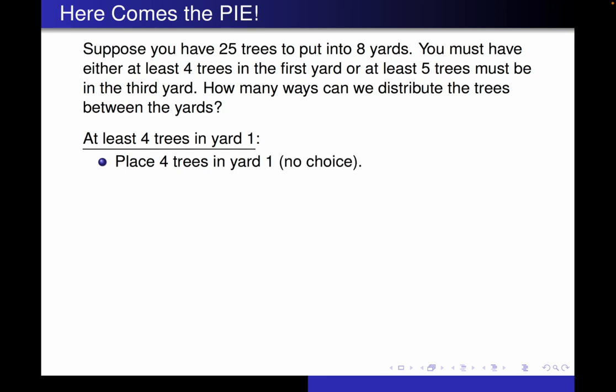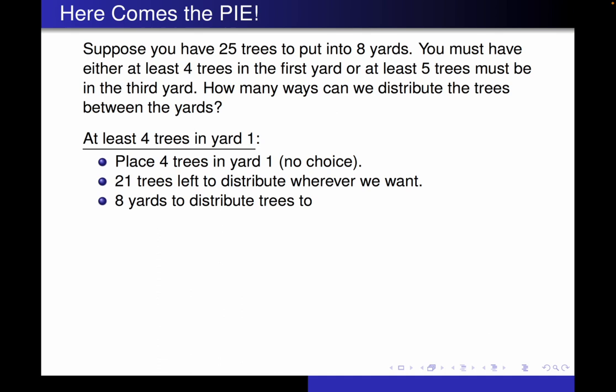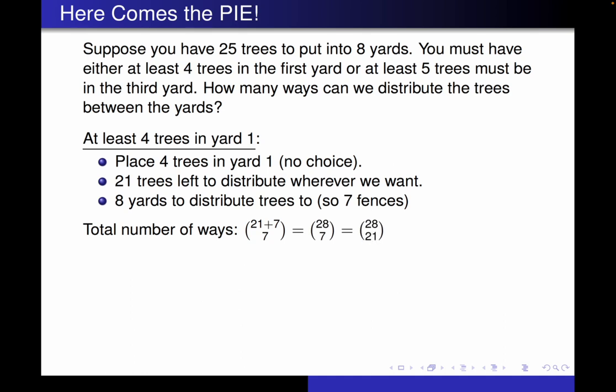That we have no choice about. That leaves us 21 trees that we can distribute wherever we want. And we can distribute them in any of the 8 yards, which means we're going to have 7 fences. So if we want to count up the total number of ways, we add our trees and fences. And then if we're fence people, we get 28 choose 7. If we are tree people, we have 28 choose 21.